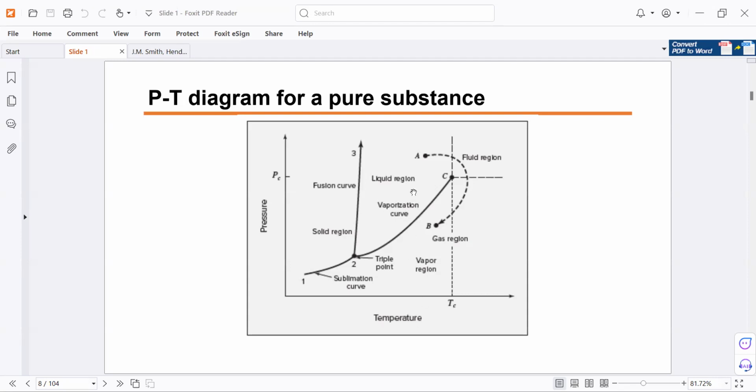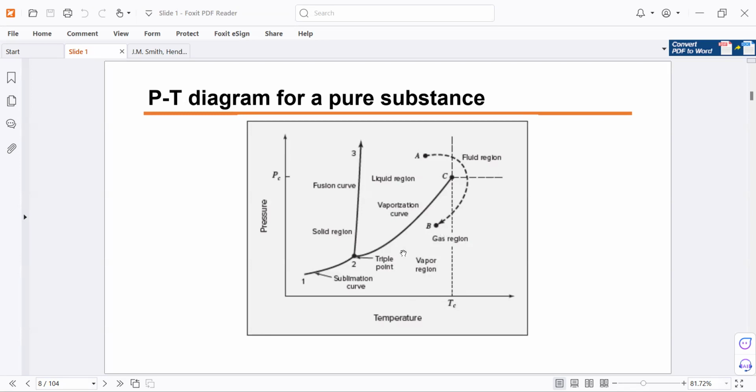Constant temperature is a vertical line, and we can compress a gas to a liquid by increasing the pressure. So we can compress a vapor. The technical term for this entire region is the gas region, but on the left of the critical temperature, we can specify it as the vapor.